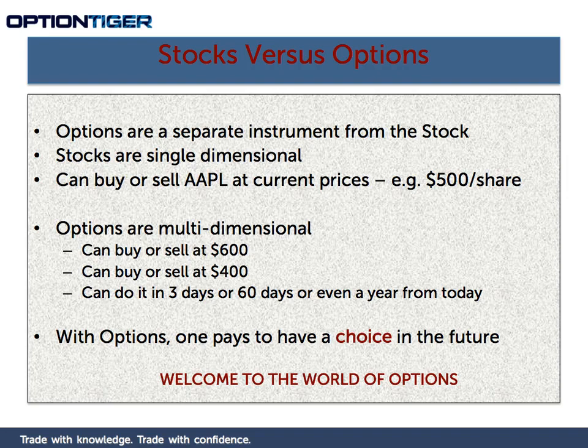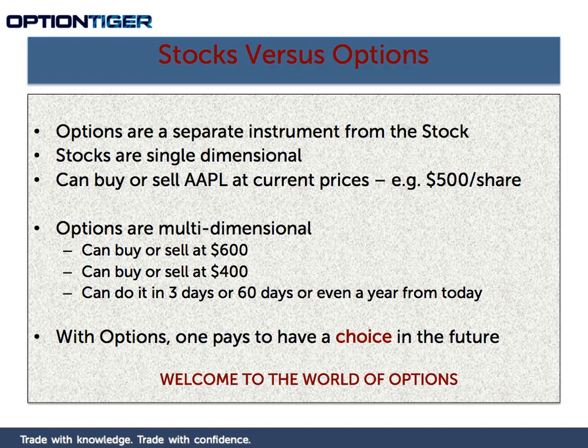What we mean is stocks have only one dimension, and that is the price of the stock. That is the current price of the stock. You can buy the stock at that price, or you can sell the stock at that price. You can't really buy or sell that stock at prices that are very different from where the stock is trading at the moment.